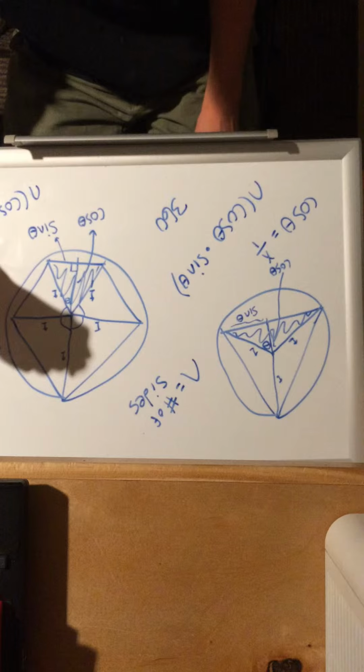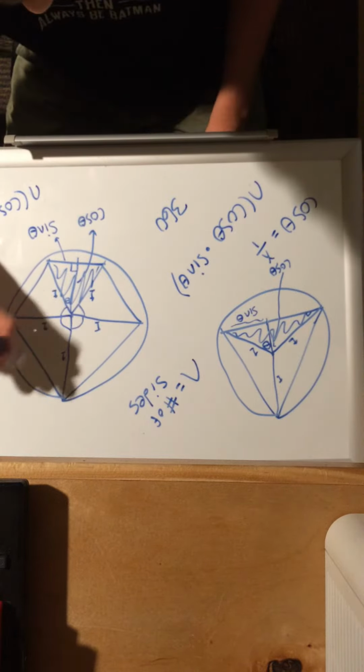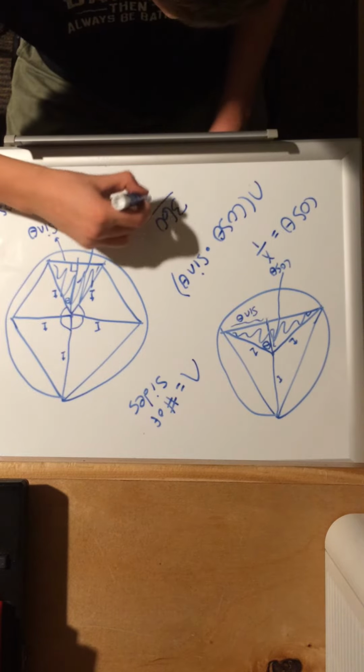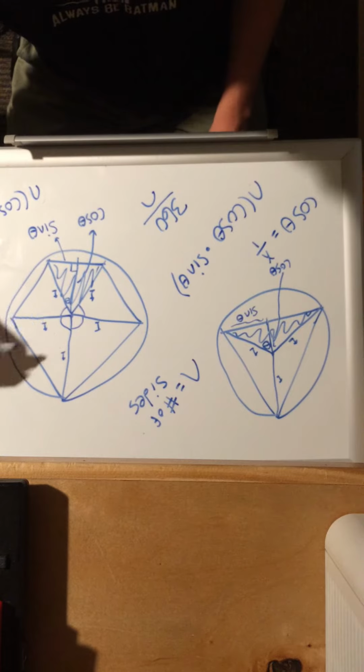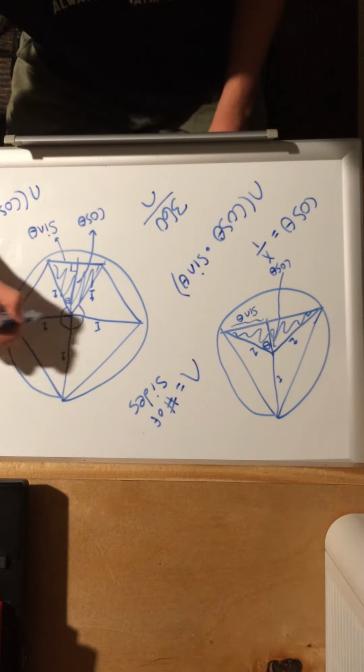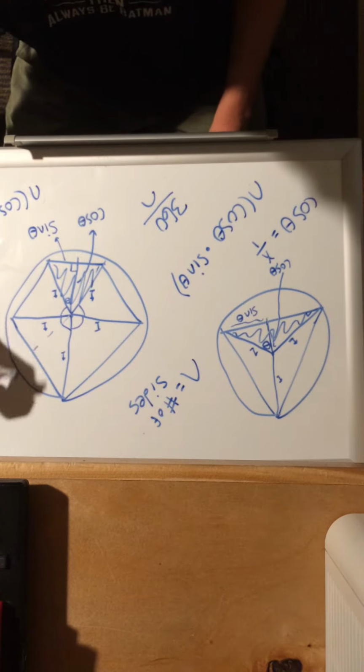So to find one of these sections, we divide 360 by n, or the number of sides. So if this is one side, we divide it by n, we get this one section. Now we want half of this section so that we can have a right triangle.